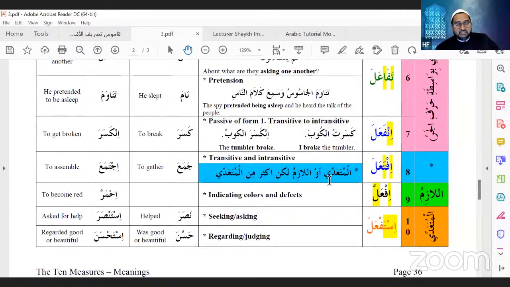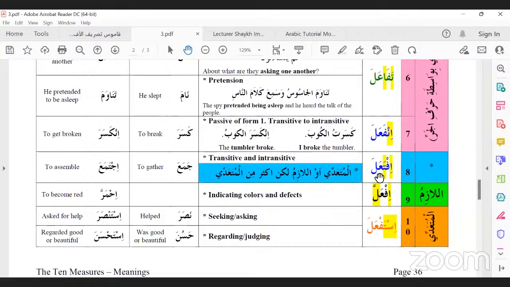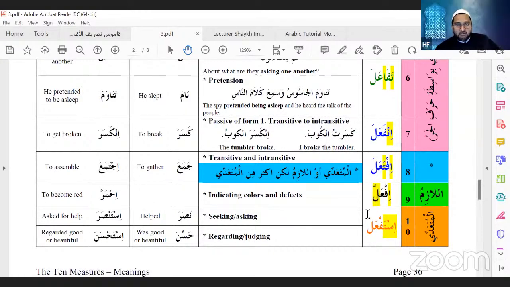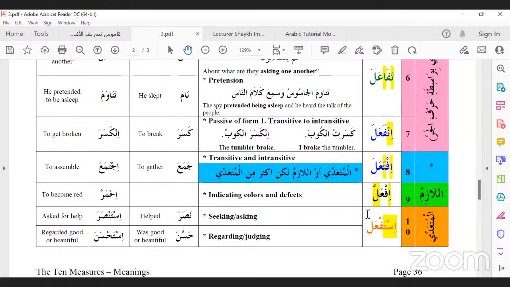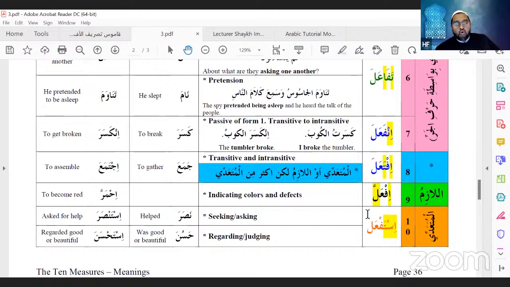Right. Sister Zabunisa Kanji, Bab Ifti'al. Alaikum salam, Sheikh. Ifta'ala. So how many letters are here? 5 letters. So alif and ta will always be added for this. So this is a really good one.